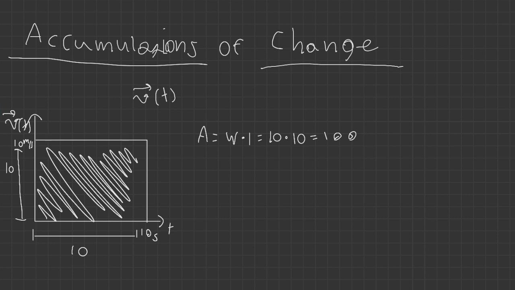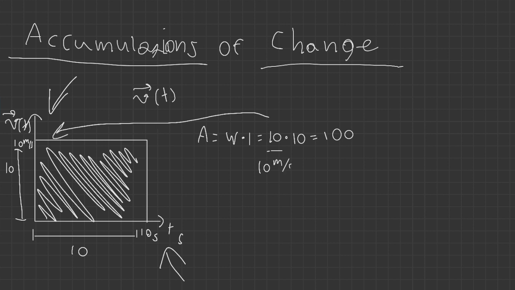And now you may be thinking, what units is this in? And the way that you figure out the units is you actually multiply the units from the x-axis to the units in the y-axis. So since we know that the units here for our width is 10 meters per second, and we're multiplying that by 10 seconds for the time, then we can multiply our units as well, and we can get 100 meters.